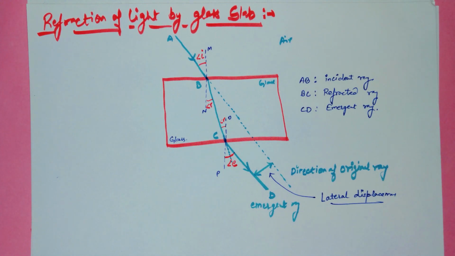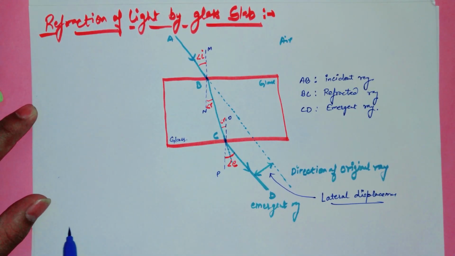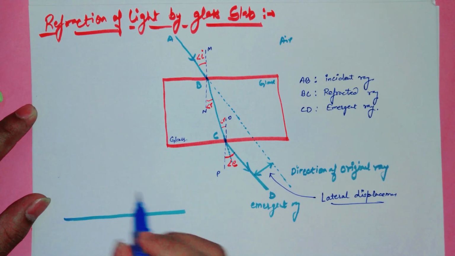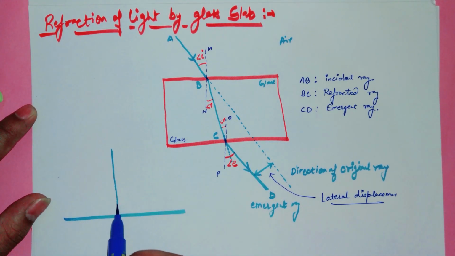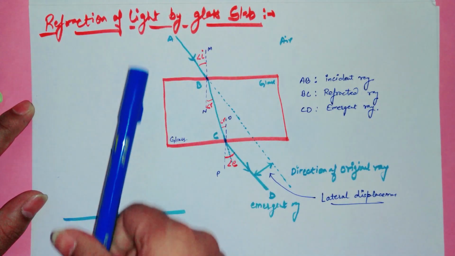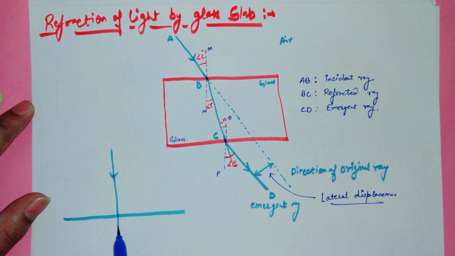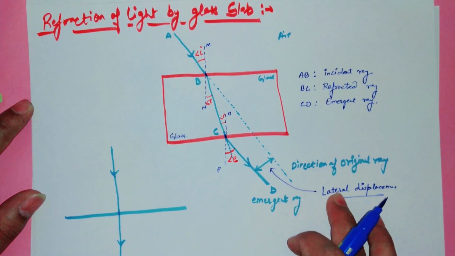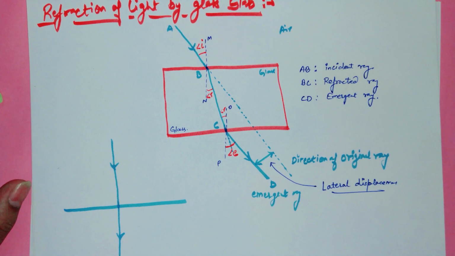Now what happens when light is incident perpendicularly? Suppose this is our interface and this is the light. When light is incident perpendicularly, there will be no change in direction, it will go straight like this. There will be no change in direction if light falls perpendicular to any surface.